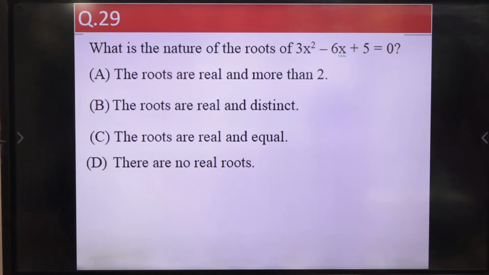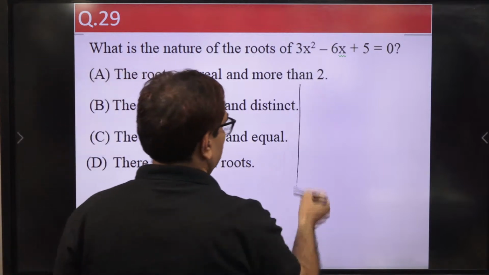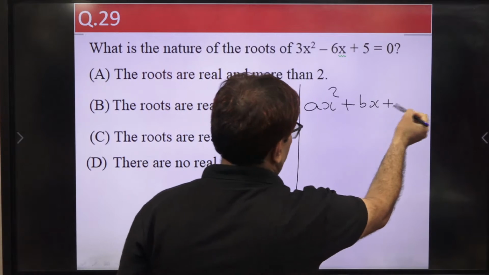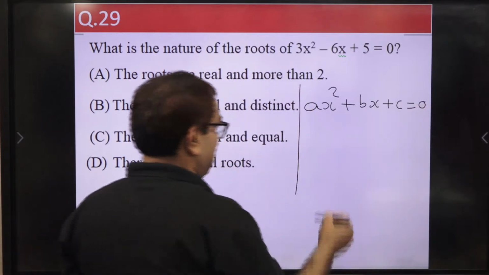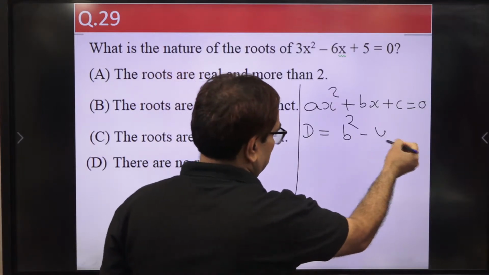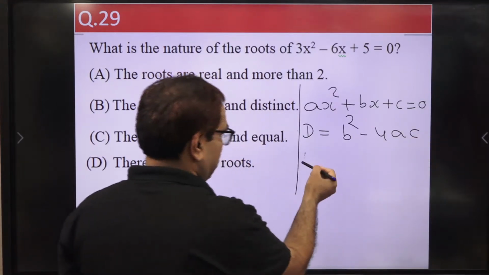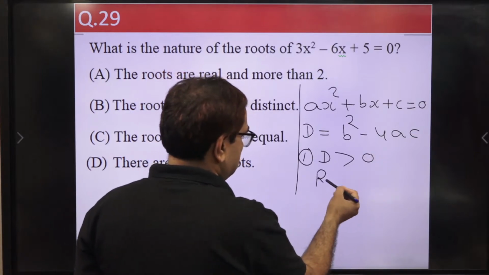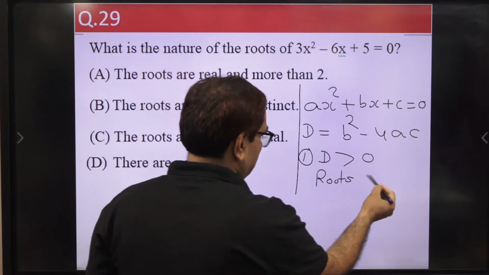So we have a quadratic equation, ax square plus bx plus c equal to 0. So we calculate its discriminant, that is d equal to b square minus 4ac. And we have three cases. If d is greater than 0, roots are real and distinct.